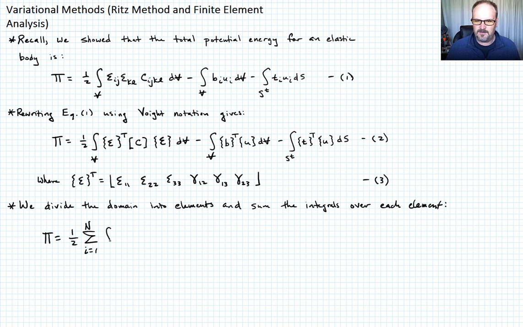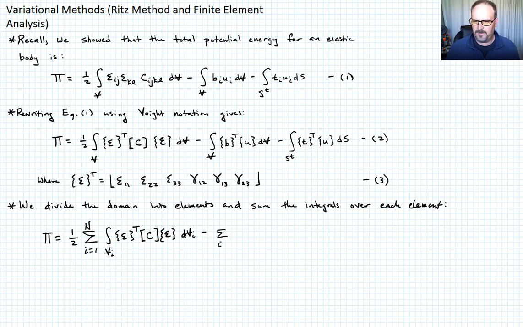And this is the integral now over the volume of the ith element of epsilon transpose times C times epsilon dVi, right? So as we're integrating over this volume.